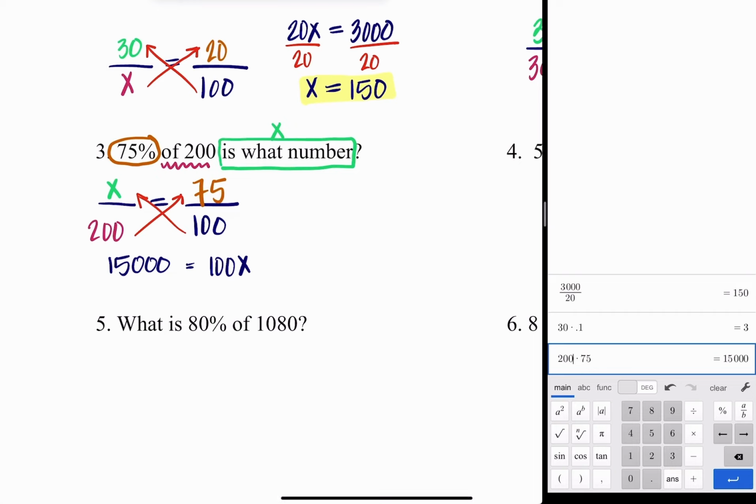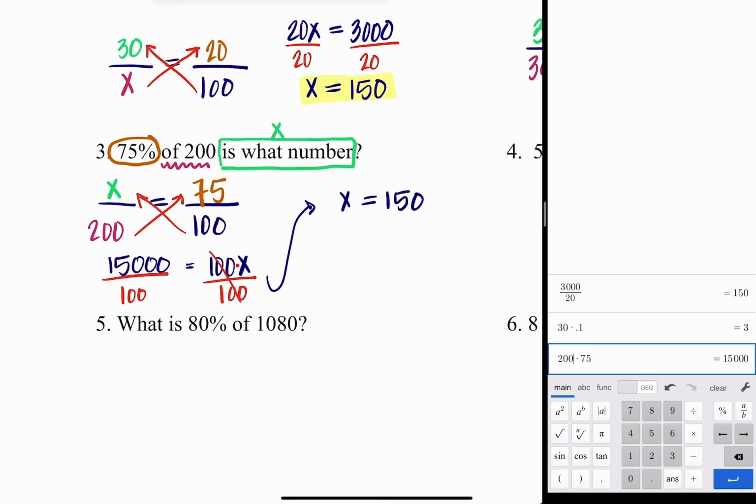I want to get x by itself. 100 is multiplied by x, so my inverse operation, my opposite operation, is to divide by 100. So my 100s divide out. And x is 15,000 divided by 100.